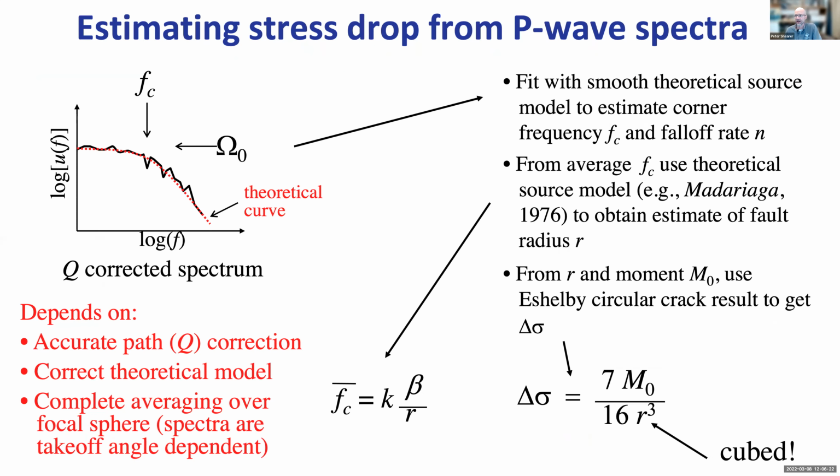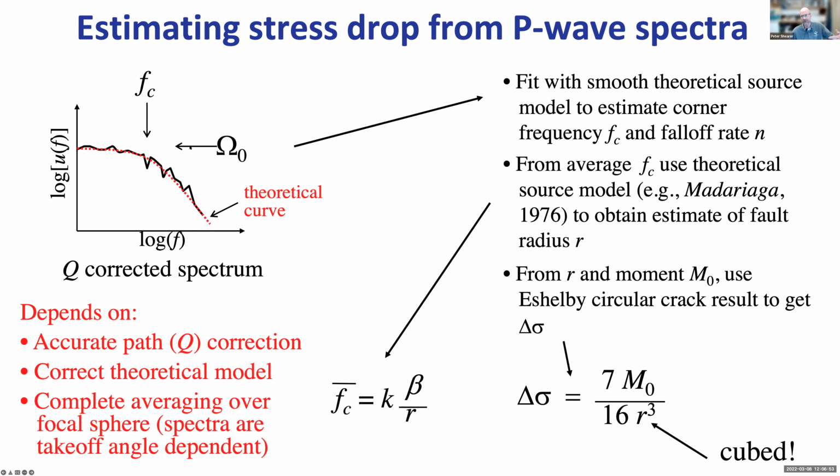Okay, this is kind of a complicated slide, but it's to explain all of the steps we need to do to try to get at the stress drop from our source spectrum. So what we assume here in this figure is that we've somehow been able to correct for Q and anything along the path, any sort of attenuation that might also affect the shape of the spectrum.